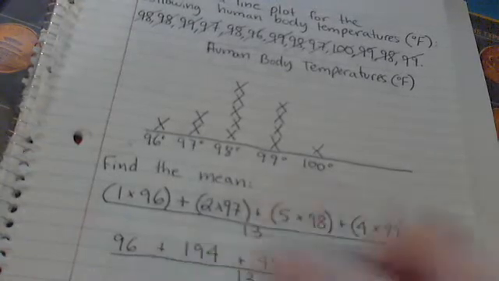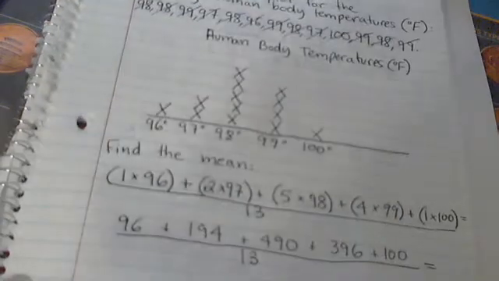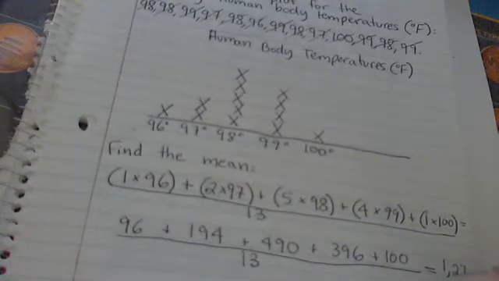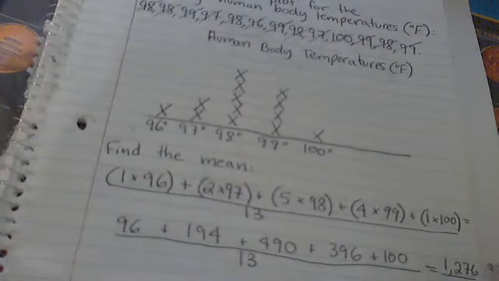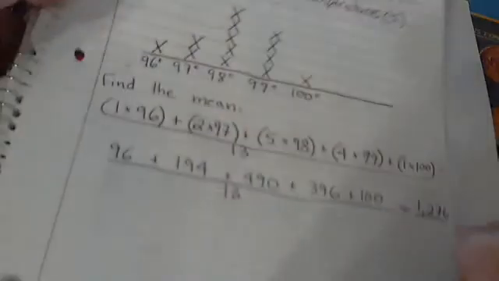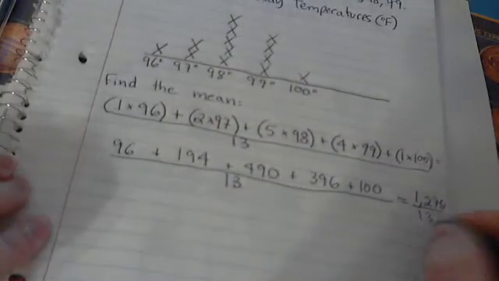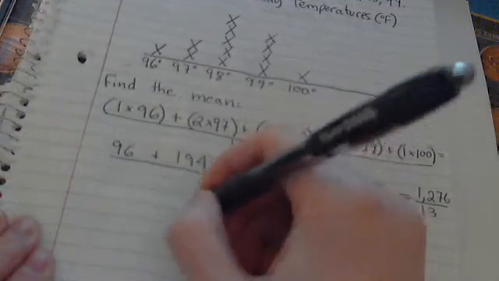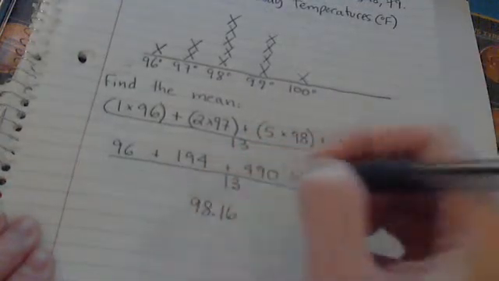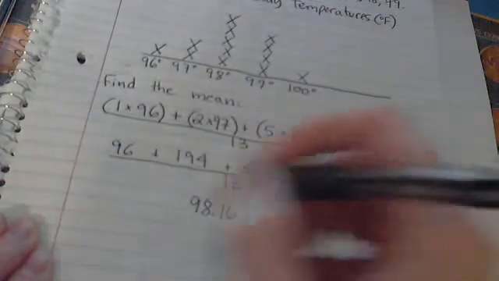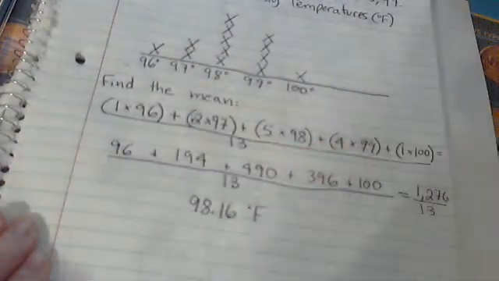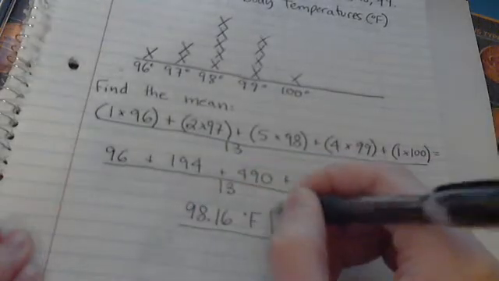Whenever I add all of these up, I'm going to get 1,276 divided by, you guessed it, 13. And I'm going to divide by 13, and I'm going to get 98.16. So the average is about 98.16 degrees Fahrenheit. So that's how I got my average.